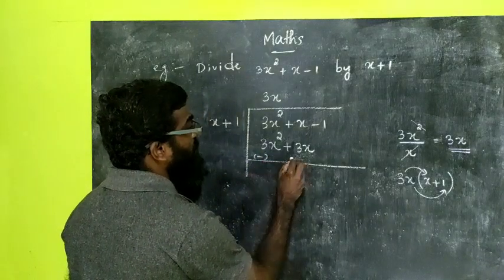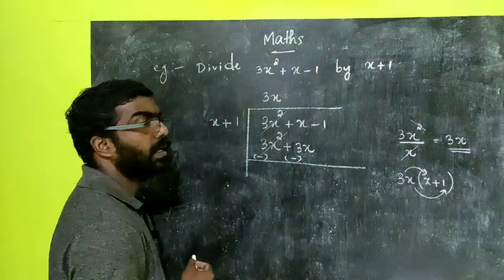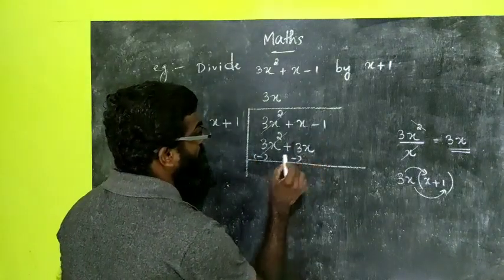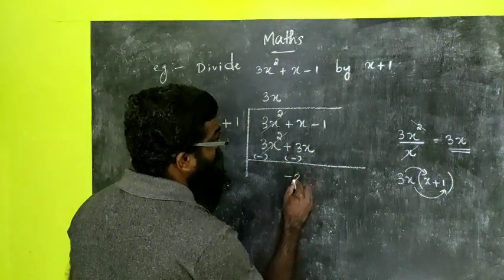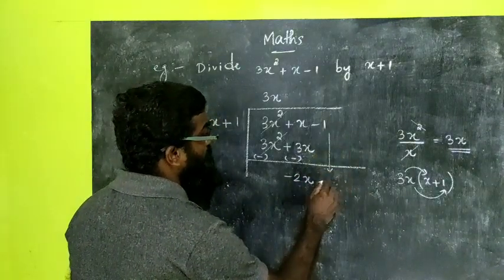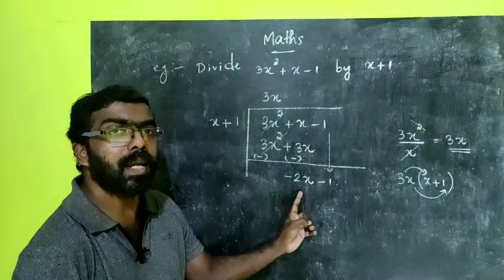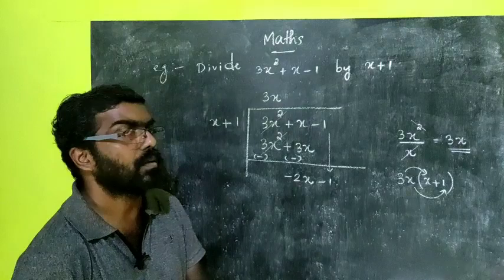So here minus and minus. 3x square minus 3x square, we can cancel. So here x minus 3x is minus 2x. We bring down the term minus 1. So here the term is minus 2x minus 1.